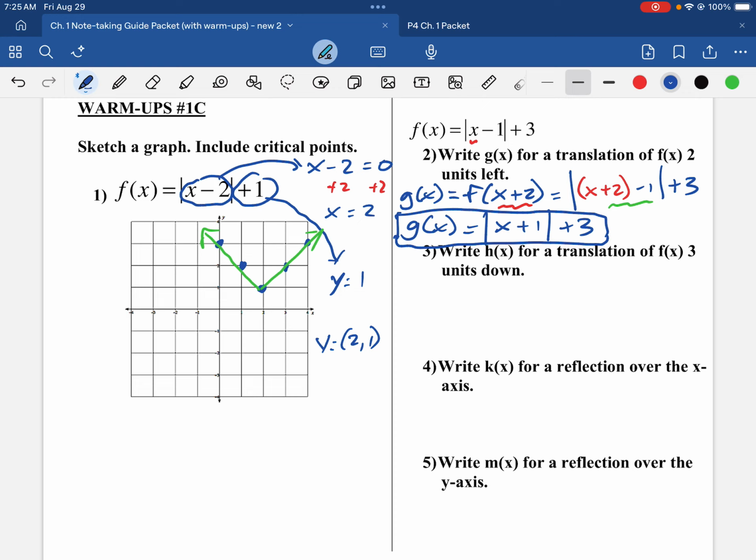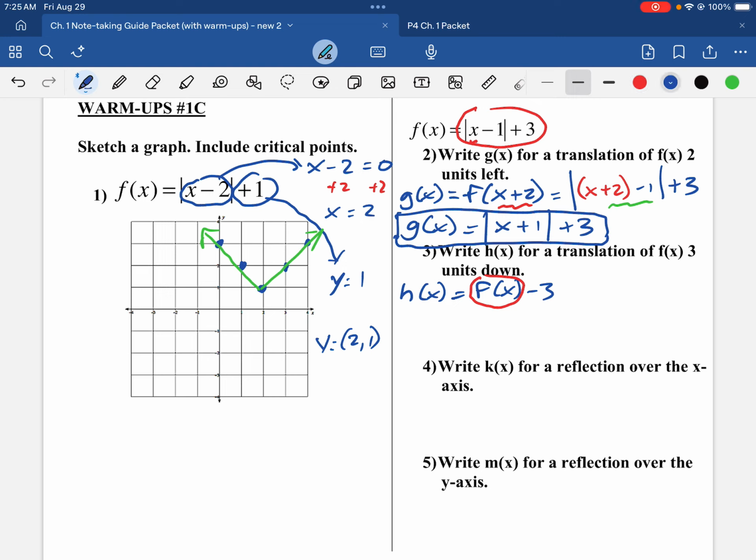Okay, now we're writing function h. It says 3 units down, so I'm going to take the original function and subtract 3 from the whole function, not from the input, but from the whole function. Okay, so this one I don't have a new input, but what I can do is substitute in what f of x equals. f of x is equal to all of this.